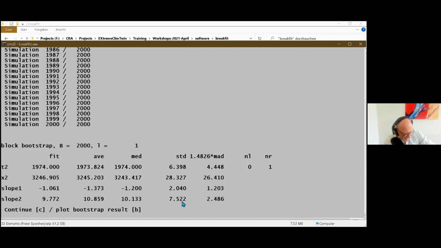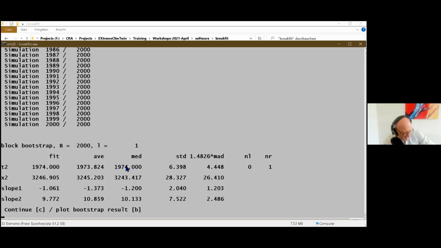These are the standard errors, that means the standard deviation over the replication, the bootstrap standard error, for the fit values. This column here, this is the average over the 2000 fit values, which is very close to the fit. And also the median, the guy in the middle, is identical to the fit.